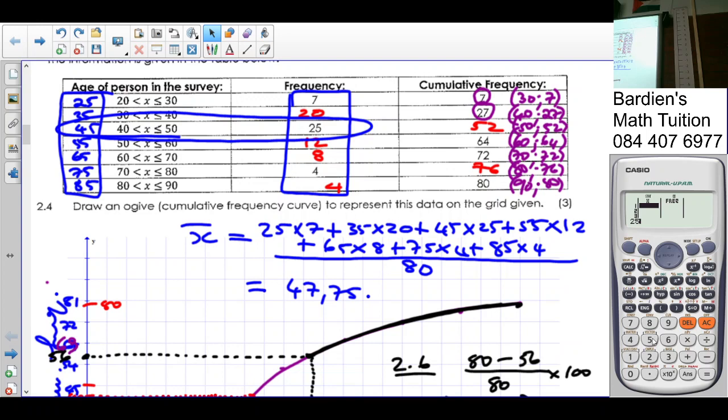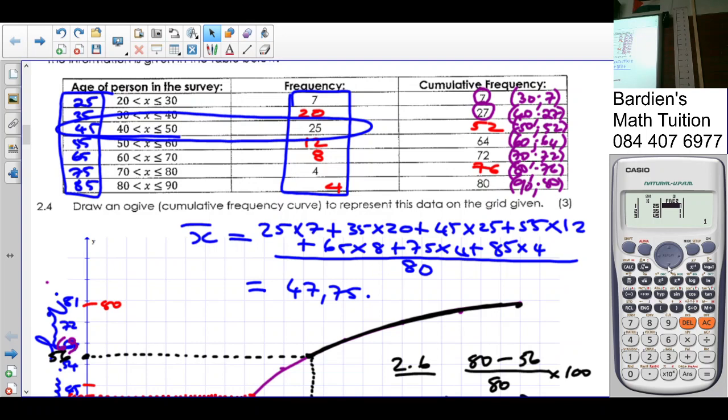It's going to be 25, then 35, then 45, 55, 65, 75, 85. That's it. We move over. Now you see these frequencies 1, 1, 1, 1, 1.